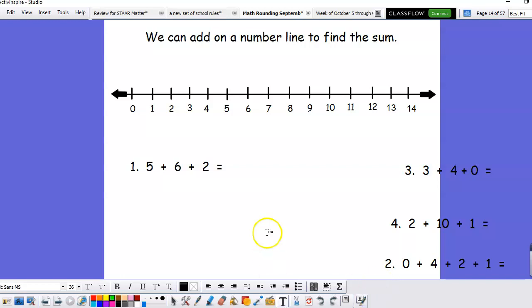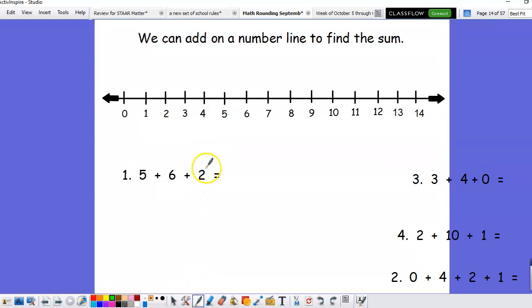And I asked them the question we discussed: if we have 5 plus 6 plus 2, well, this 2, we could decompose it. We could change this 2 to be the same as 1 plus 1. We decompose it; we broke it apart.